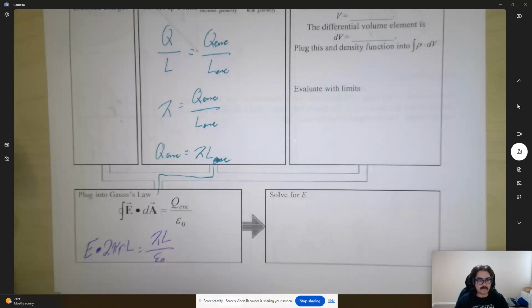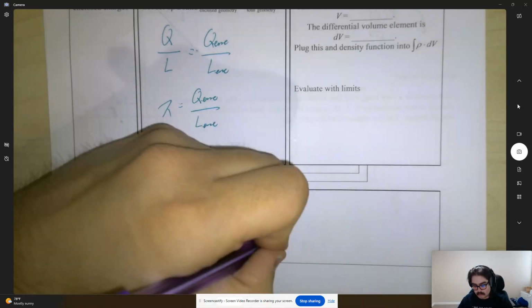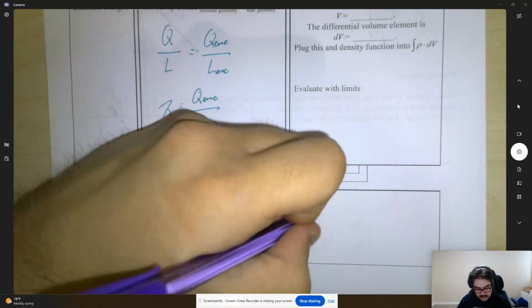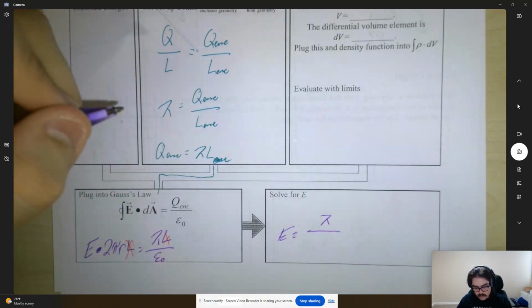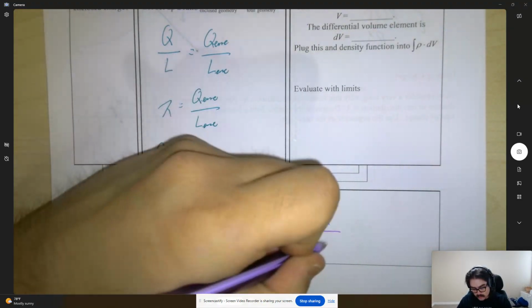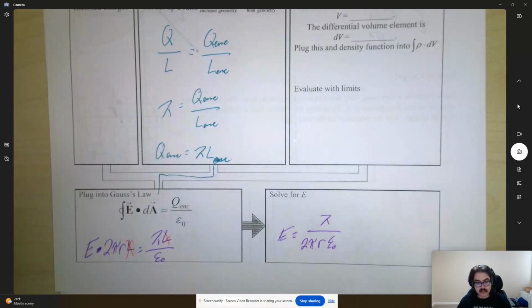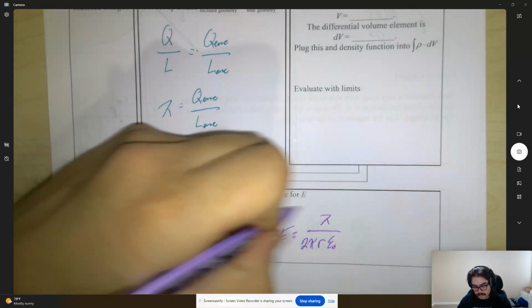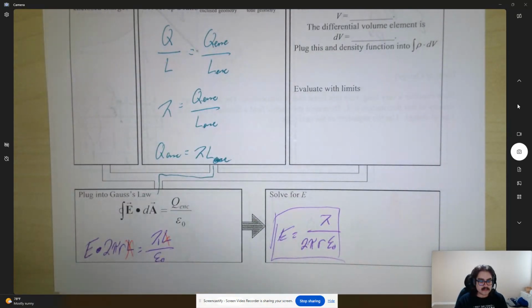You can tell right off the bat that we can cancel out our L's. And so then this would just become E equals lambda over 2 pi r epsilon naught, and that's the E field for the line of charge.